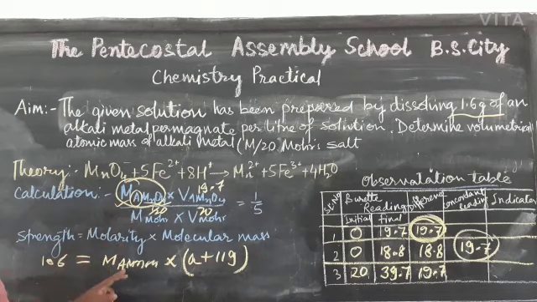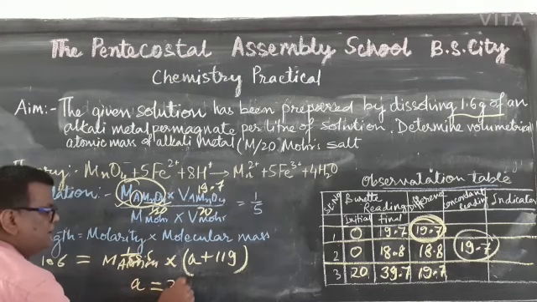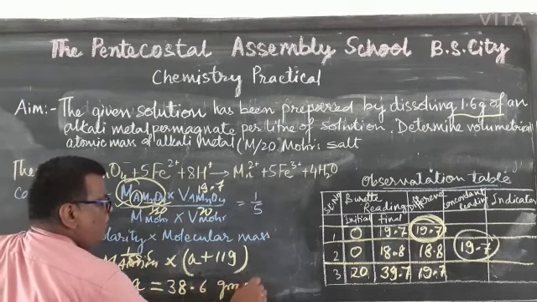The molarity is already calculated, and A we do not know, and 1.6 is the strength of the solution. So that is known, 1 by 58.8 perhaps it comes. So A will be 38.6 gram per mole.